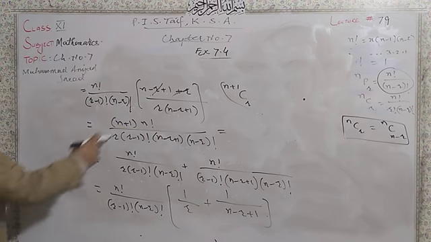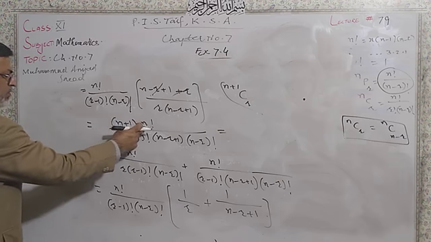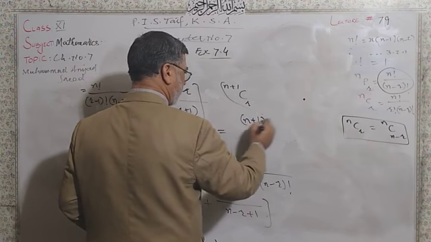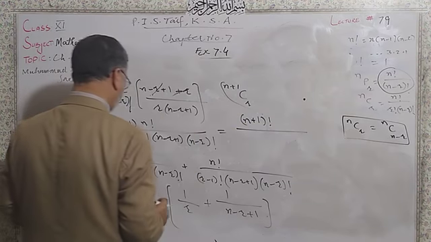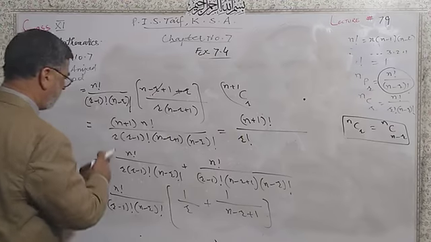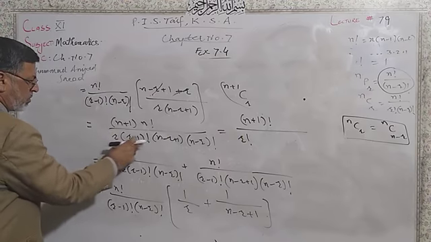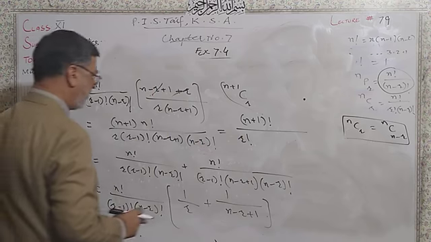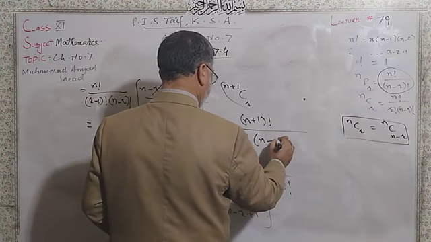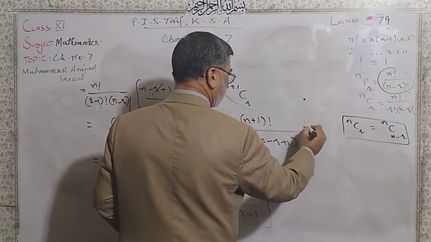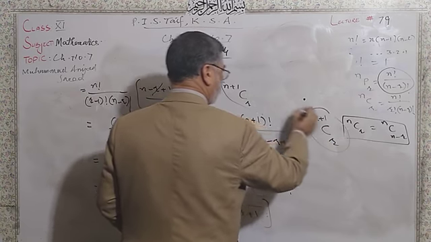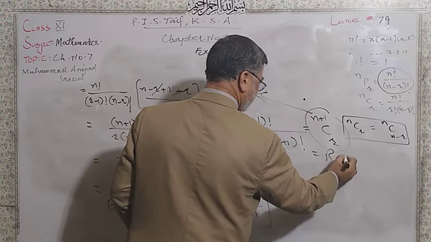Dear students, this is n factorial times n plus 1, and that factorial is shifted to the greater number. It is n plus 1 factorial over r factorial, since r minus 1 factorial times r is r factorial. Similarly, this factorial is shifted with the greater number, n minus r plus 1 factorial. That will be n plus 1Cr. This is your right hand side.